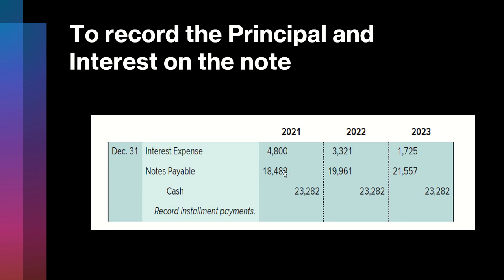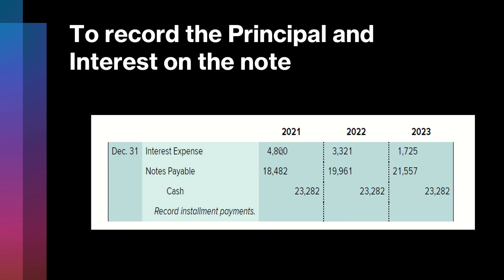So this represents that these cash payments are reducing the principal balance that was initially recorded in the notes payable account on January 1st. And as you can see here, the cash payment made in 2021 is $23,282, and that's crediting that account. That's recognizing that a cash payment was made, and that cash payment went towards interest.